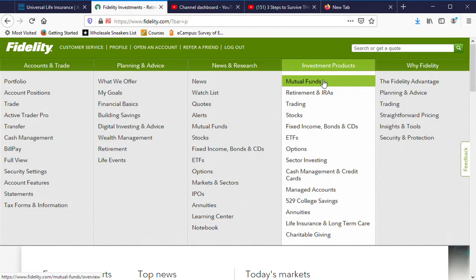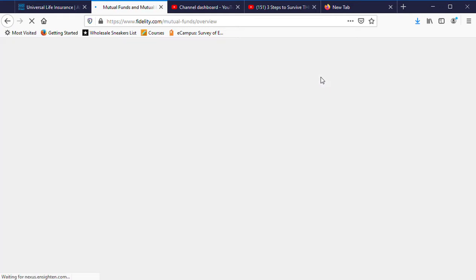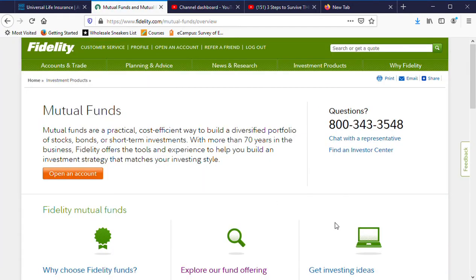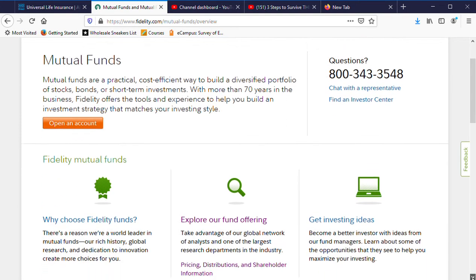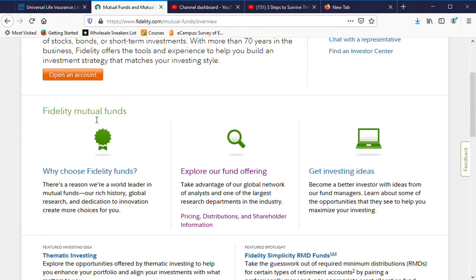So let's get started. We're going to start with mutual funds first. If you look, we have Fidelity mutual funds. These are all the mutual funds that Fidelity has. And again, like I say, if you purchase Fidelity mutual funds, there are no fees, which means that you get to purchase them for free.